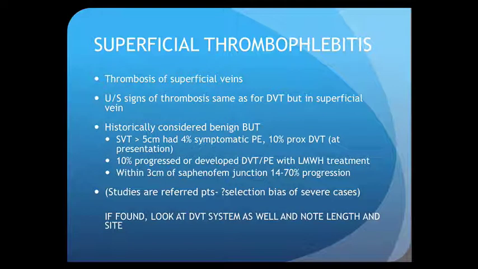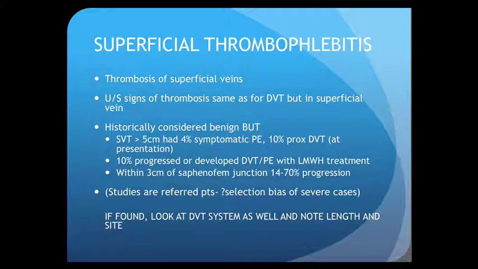What about superficial thrombophlebitis? Well, this is not an uncommon diagnosis, and there's thrombosis of the superficial veins. And the ultrasound signs are really the same as for deep venous thrombosis, but of course you're looking at a superficial vein. So it tends to be the saphenous vein in particular that we're concerned with.